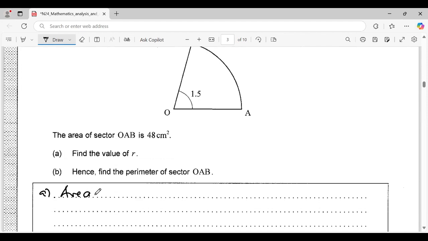Area of sector. The area of a sector formula is half R squared theta. Theta is this angle, 1.5 radians. One half times R squared equals 48, because the area of the sector is 48.